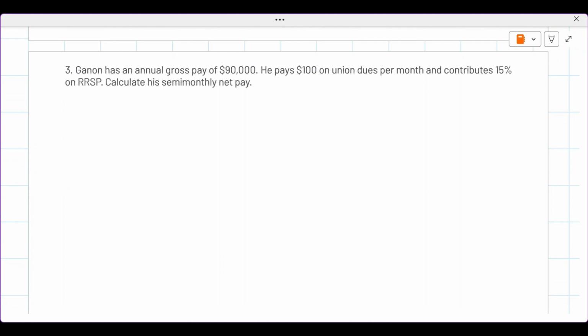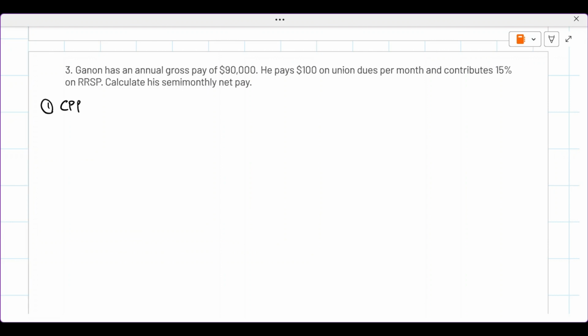In this question, there's no setup, so I need to do it myself. First, I'm going to calculate his CPP and EI, then find the tax deductible expenses, then subtract that from the gross pay to find the taxable income, then calculate the income taxes, then find the total deductions, and then find the net pay. So it's a lot of work. Maybe I can write down the steps before I get started.